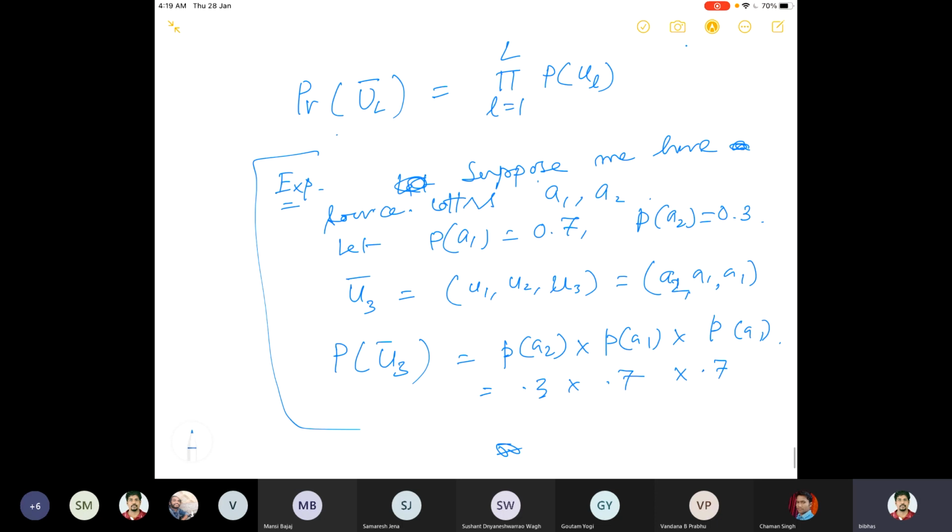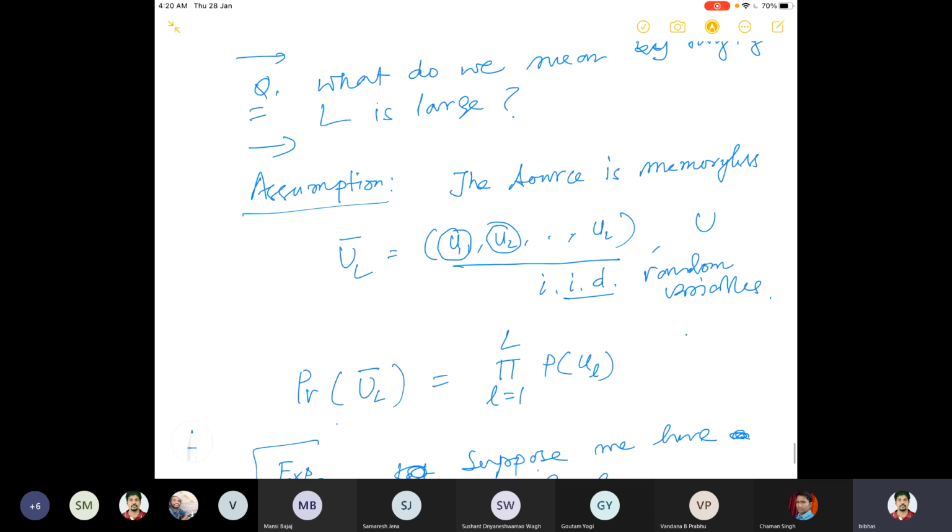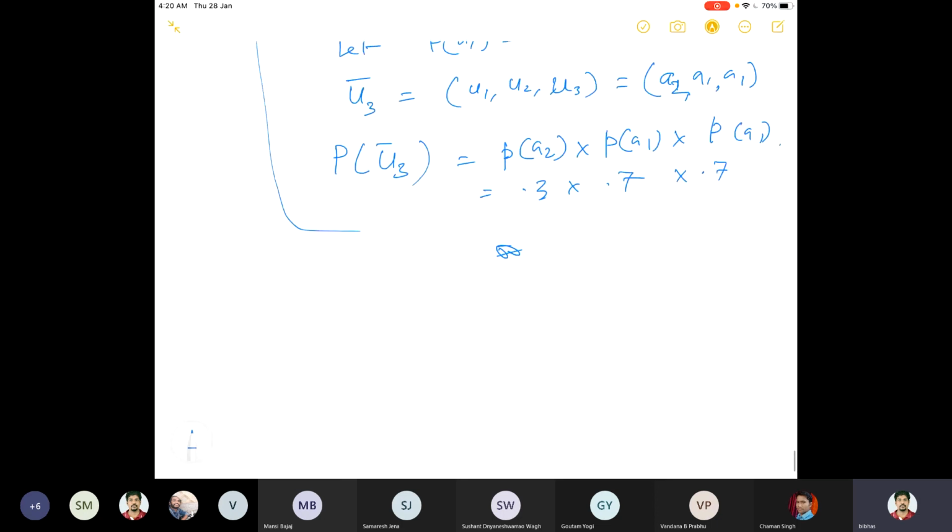While we are proving this, we will not consider all possible sequences of L, but we'll consider a special set of sequences of L source letters, and we develop our theory, and later we'll show that when L goes to infinity, the theory works. This is the goal.